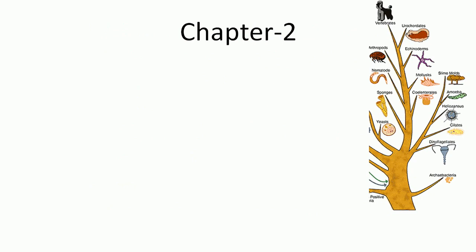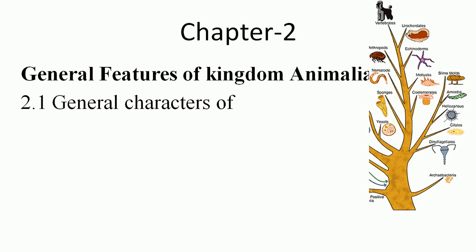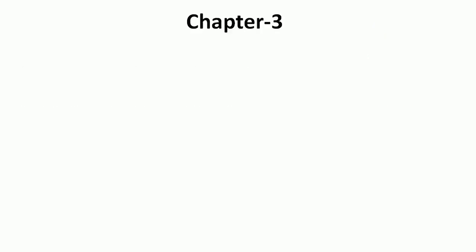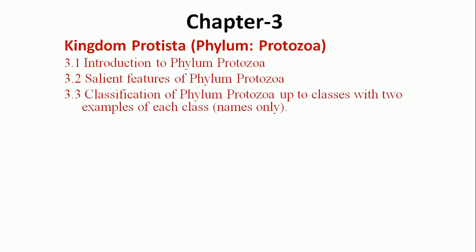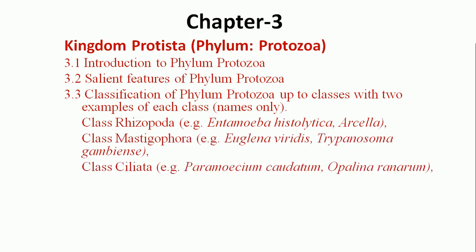Chapter number 2 is a very small topic, general features of kingdom Animalia. In it we learn the general characteristics of kingdom Animalia, grades of organization, and symmetry. Then chapter 3 again is dealt with by Dr. Evle: kingdom Protista, phylum Protozoa. Here again there is an introduction, salient features, classification up to class level, and locomotion of animals.